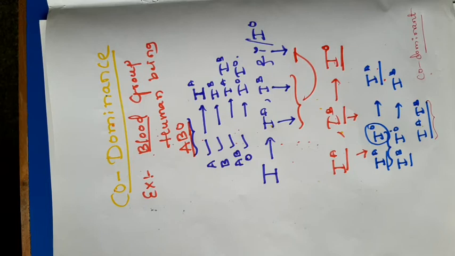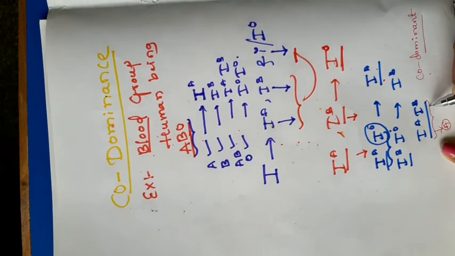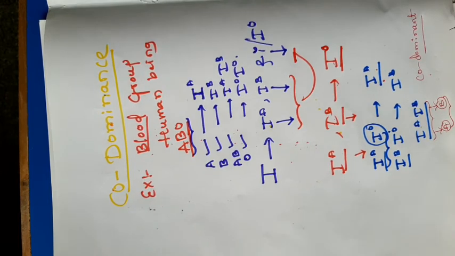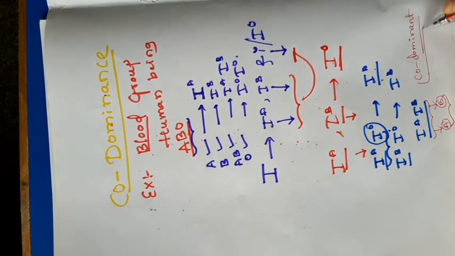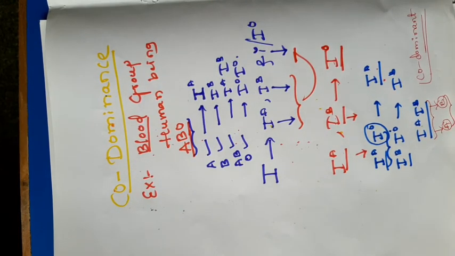Red blood cells have both the A and B types of sugar. IA produces A type of sugar, IB produces B type of sugar. When these two genes are expressed in an individual, that condition is known as a codominant condition. Two alleles are expressed at a time in the same individual.